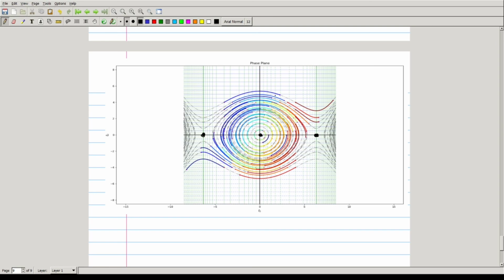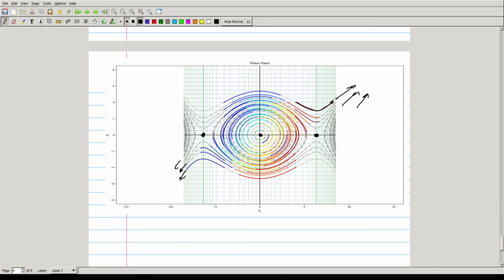But if you start with an initial condition that's too large, the trajectories in phase space end up shooting around, and actually these are both unstable equilibrium points, so the trajectories shoot off in this direction right here, and correspondingly in this direction right here.